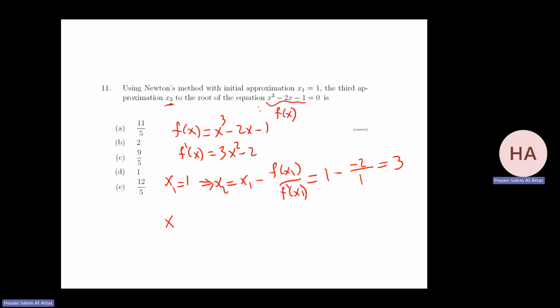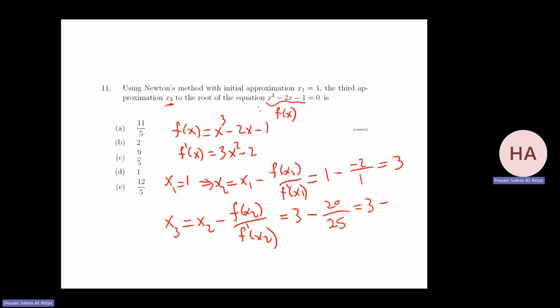So x3 will be x2 minus f of x2 over f prime at x2. That gives me 3 minus f of 3: 27 minus 6 minus 1, that will be 20, over f prime, that will be 27 minus 5 minus 2, that will be 25.